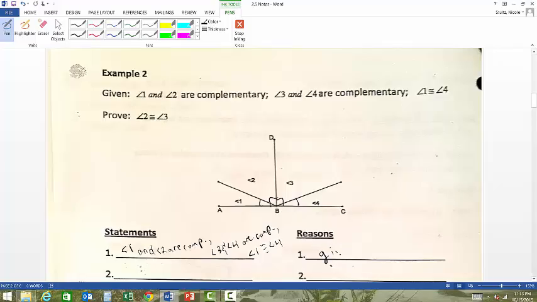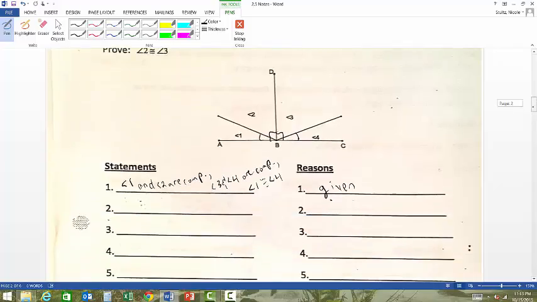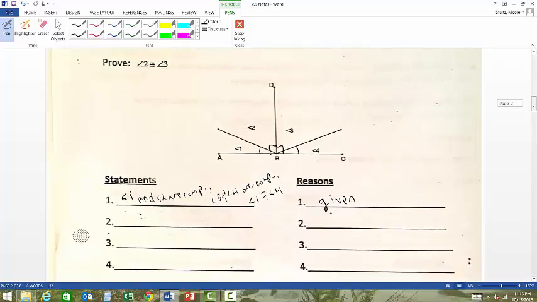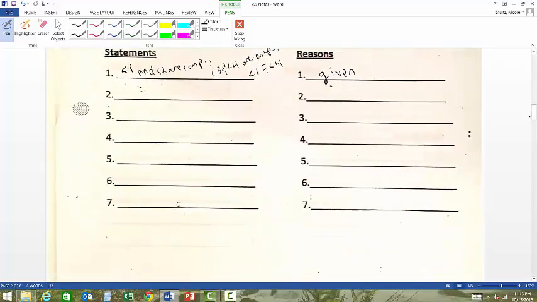So we need to state that that was all the given information. And since you're asked to prove that angle 2 and 3 are congruent, that needs to be your last step. And actually, this is going to turn out to be a 6-step proof. So we can just kind of cross out that bottom line. It's only going to take 6 steps to get this done.